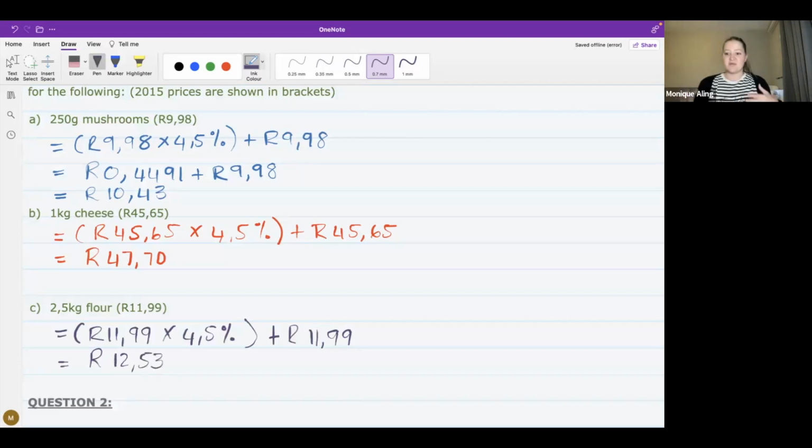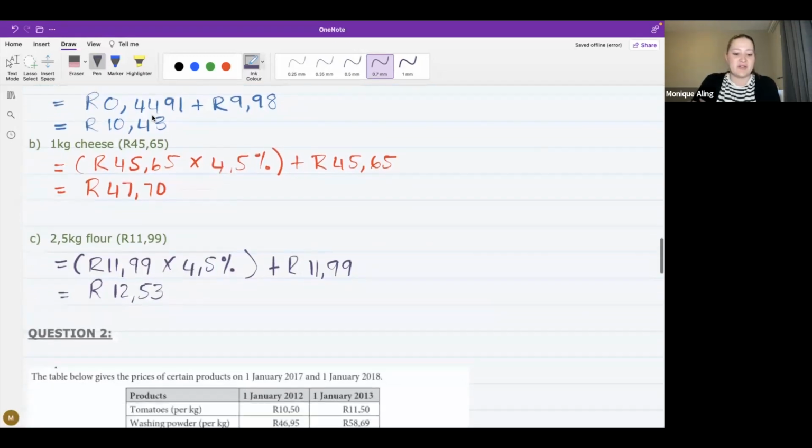Okay, so inflation, we're just increasing the price of something based on a percentage or by a percentage. Awesome. Looks like you guys have got a handle on this and your rounding is perfect. Awesome. Okay, let's try another question.